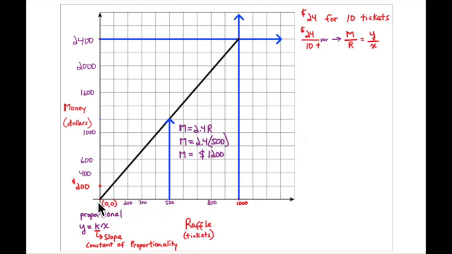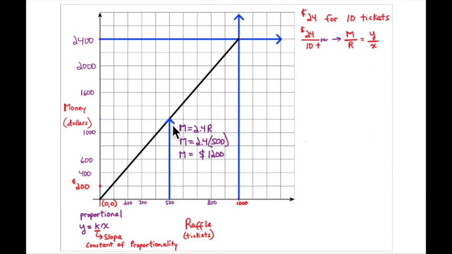So you know the measurement in the horizontal direction, the measurement in the vertical direction, which is the amount of money, is going to be 2.4 times that. So 2.4 times 500 is 1,200. It's half of 2,400. So you go out along the x-axis to 500, and then you go 2.4 times that along the y-axis.